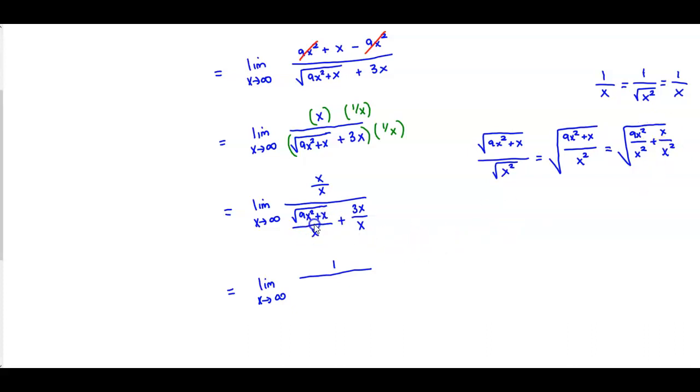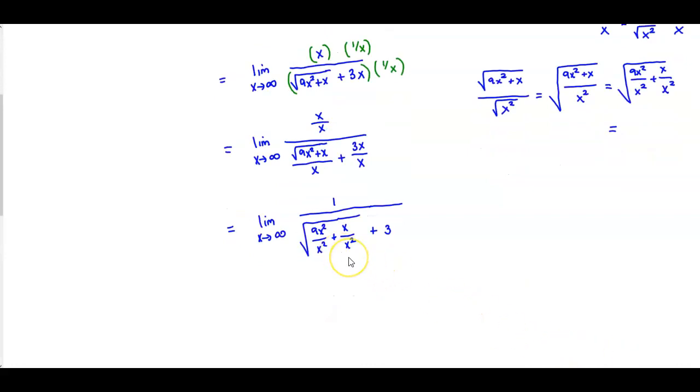Because this has a radical, we can rewrite this in the denominator as the square root of 9x squared over x squared plus x over x squared, and that's plus 3x over x, which is 3.